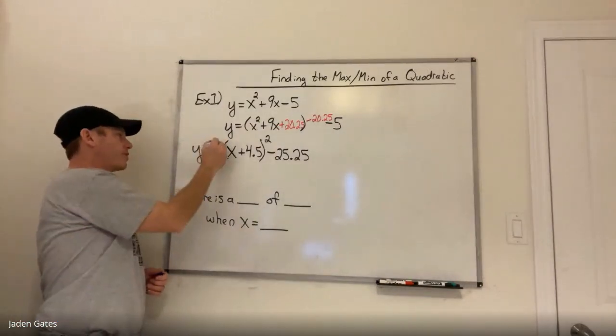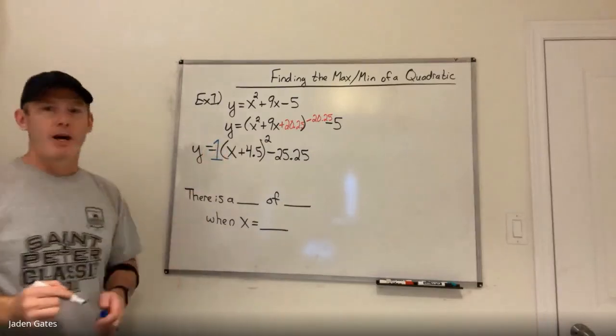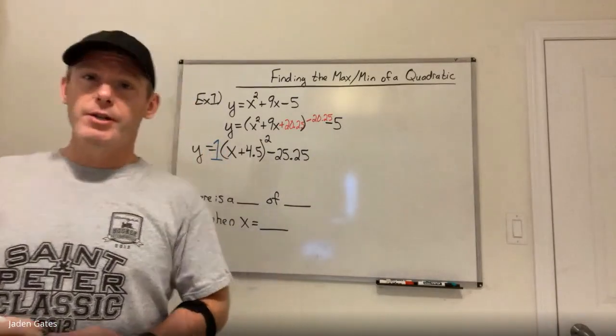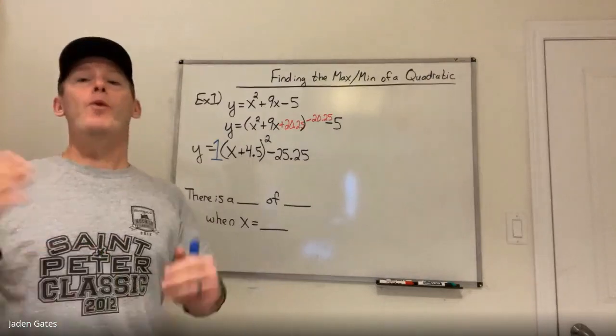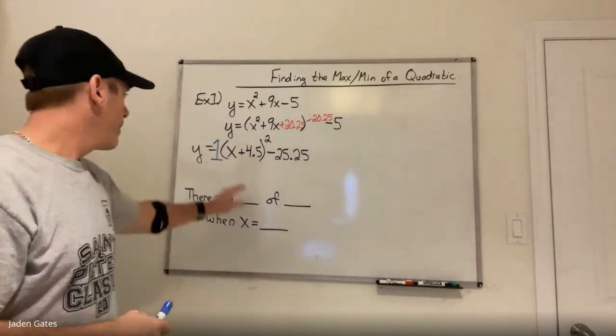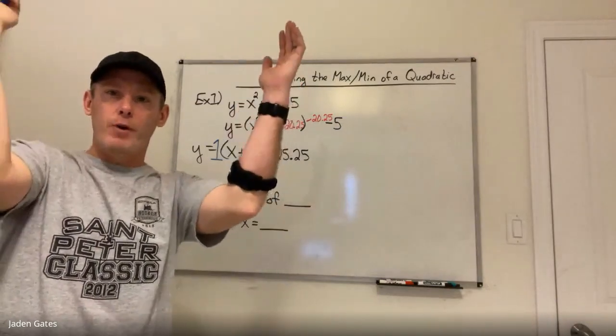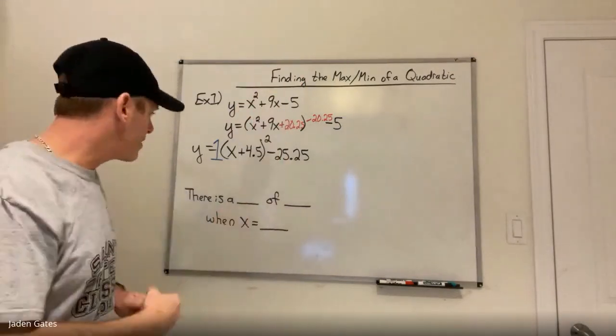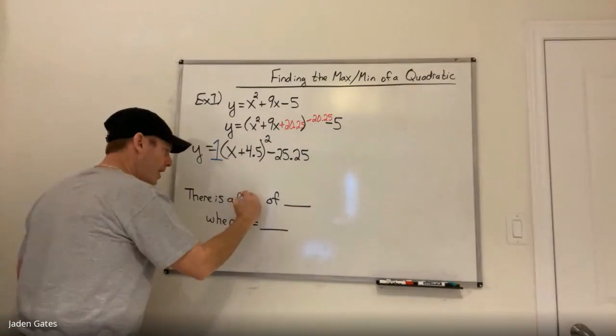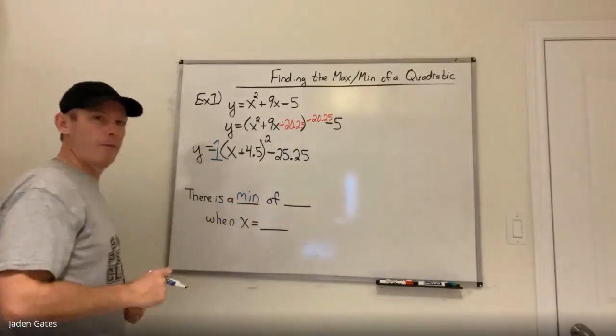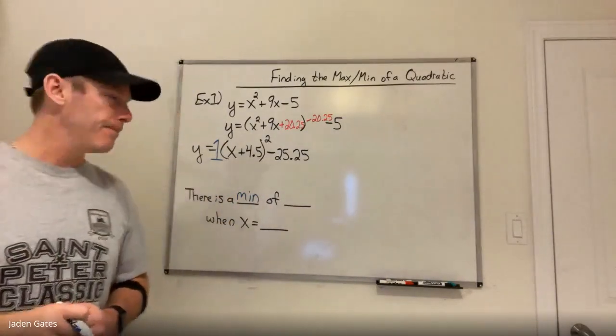Well, there is. There's a secret 1 there. Now, I don't care what the number is, but here's the important part. It's whether it's positive or negative. This is a positive 1. That means our steps for a quadratic, if we graphed it, are opening up, which means this has a min, because the parabola opens up, which means the vertex is at the bottom.